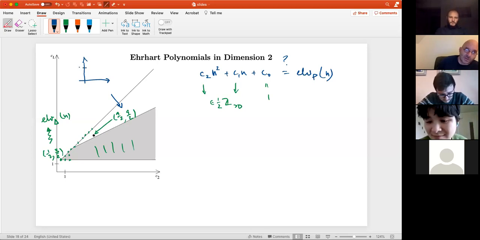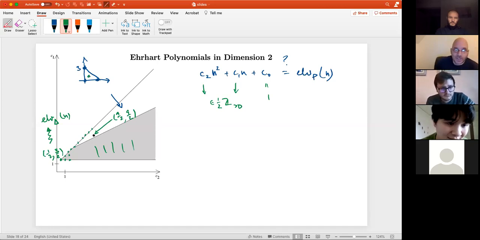You take the origin, and then you go out by 3 in both directions. That's this triangle. And what's cool about this triangle is it has exactly one interior integer point.